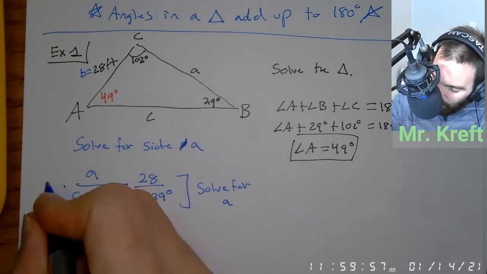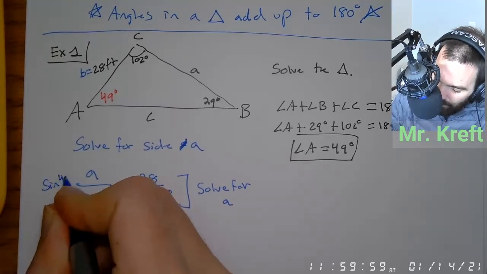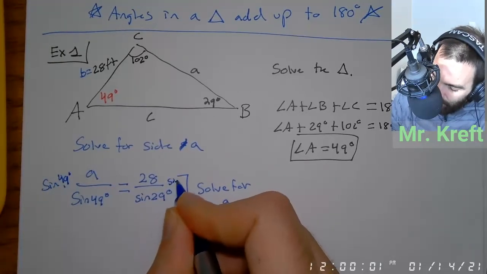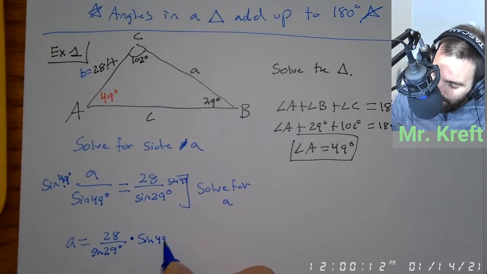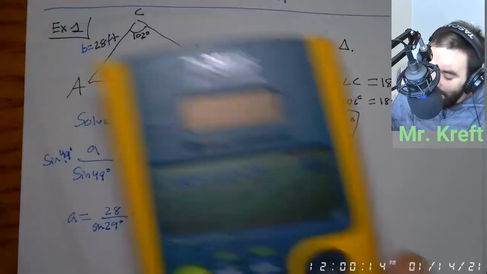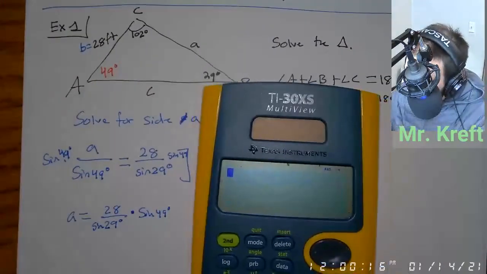So to solve this, we would multiply both sides by sine of 49 degrees. And we would go A equals 28 over sine of 29 degrees times sine of 49 degrees. And you just take a calculator and you type it in just like that.